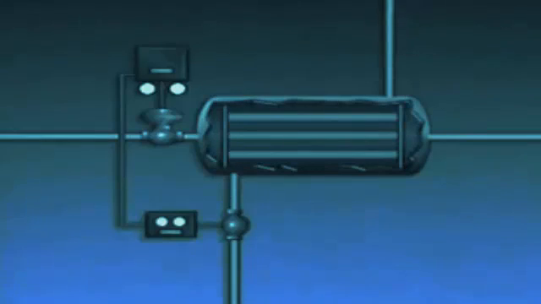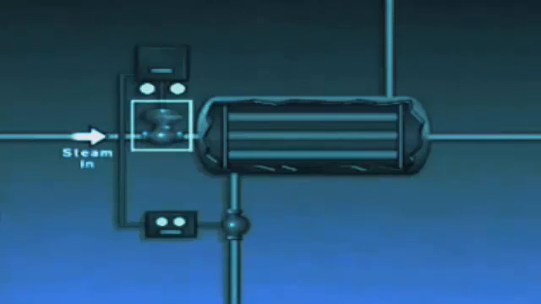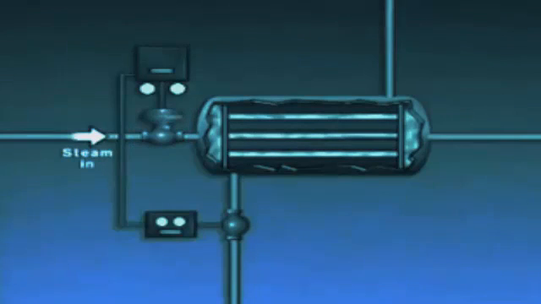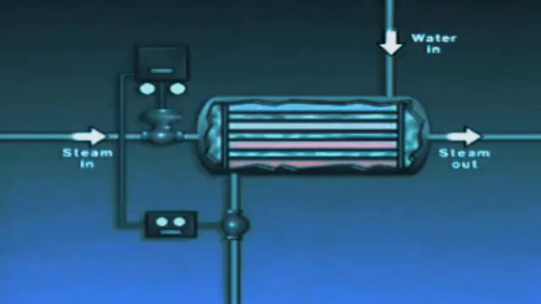In this system, steam is used to heat water. The steam enters the system through a valve, then flows through tubes inside the heater, and exits the heater through a pipe on the other side. The steam transfers heat to the water, which enters the heater at the top, flows around the tubes, and exits the heater at the bottom.